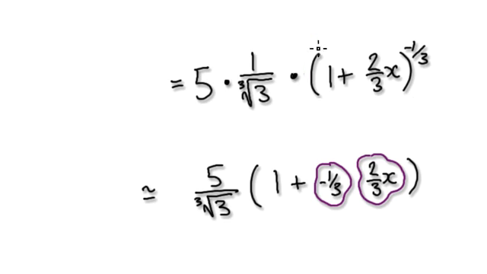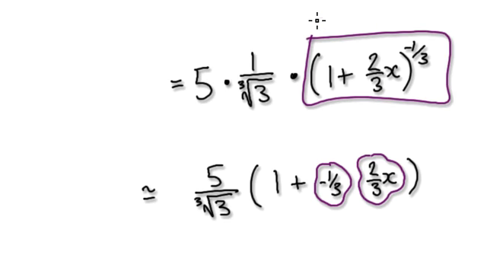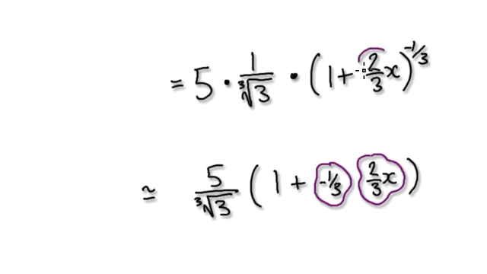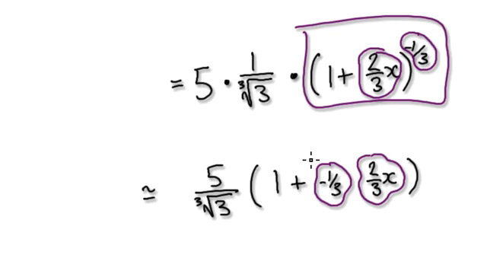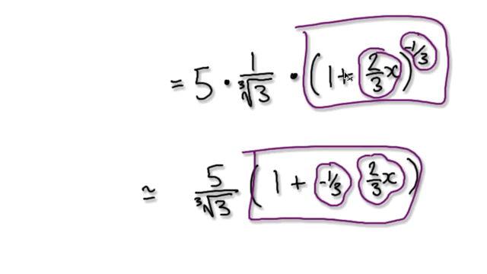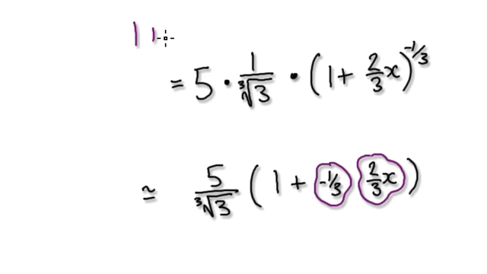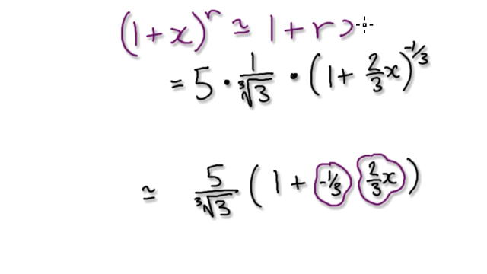So now this here is in the form of 1 plus x to the power of r. Okay, so at the moment visualize it as this. You've got one thing, and then you've got power of another thing. So when you approximate this, you can jump to this, because remember, 1 plus x to the power of r approximates to 1 plus rx.